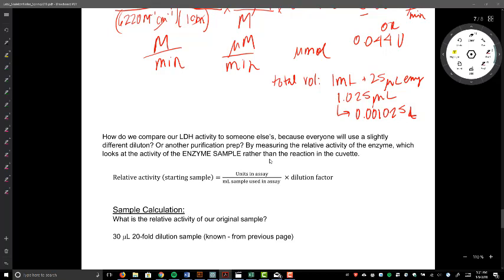So this isn't the volume in the cuvette. It's the volume that you added to the cuvette that contains enzyme. So that would be the 25 microliters, or the 0.025 mL, and then you multiply it by the dilution factor.